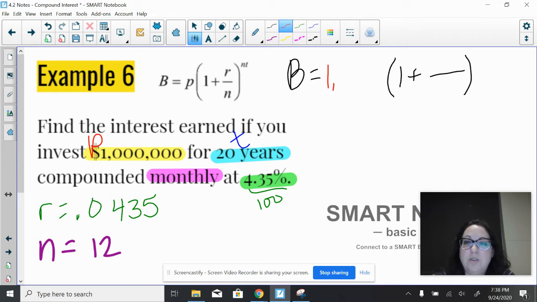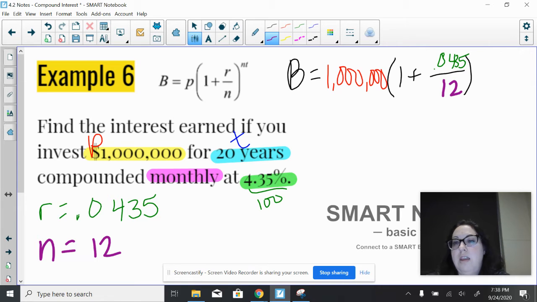And so I'm going to go ahead and squish in my principal of $1 million, times 1 plus my rate, in decimal form: 0.0435 is the top part of that fraction, divided by the n value of 12. And that parentheses is getting raised to the 12 times 20. That's my exponent, 12 times 20.